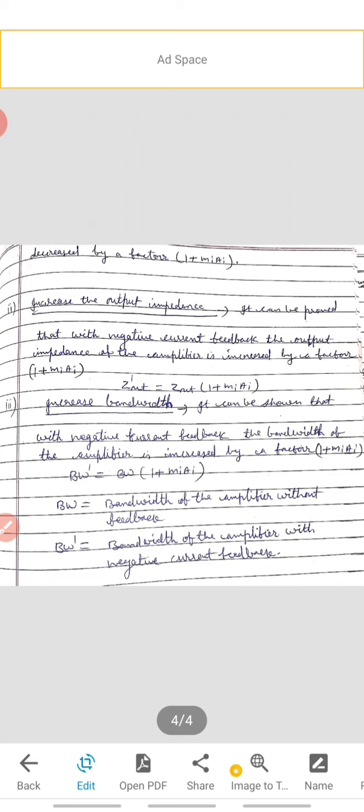This is the output impedance with negative current feedback.